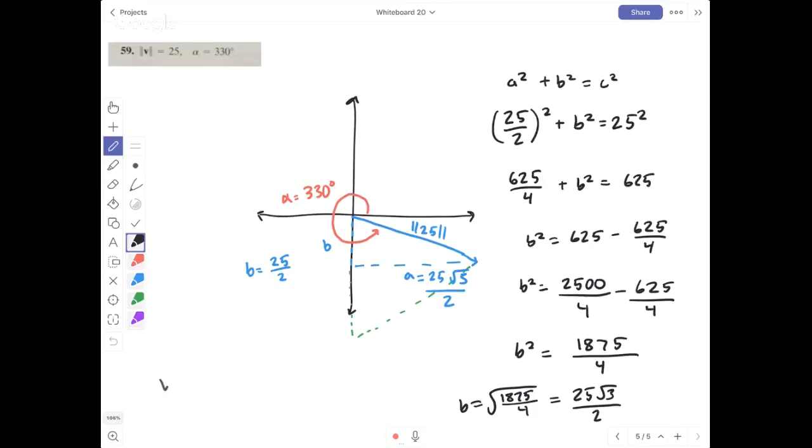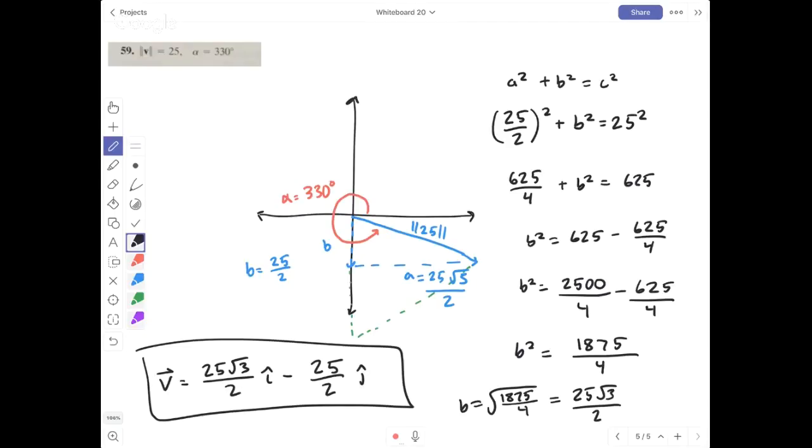So I'm going to say the vector v is equal to 25 root 3 over 2 i hat minus, because b is going down, minus 25 over 2 j hat. Cool.